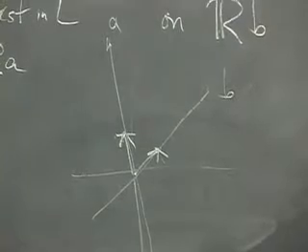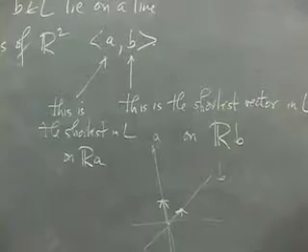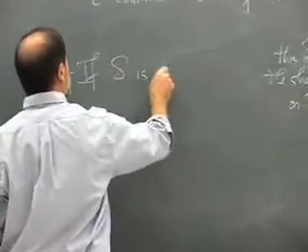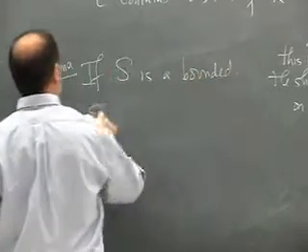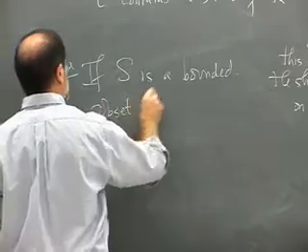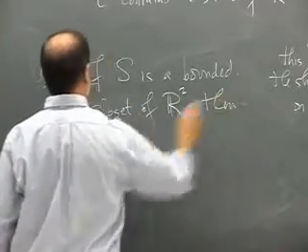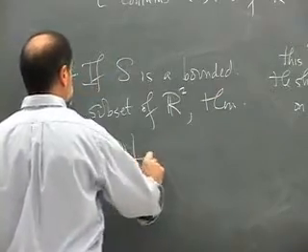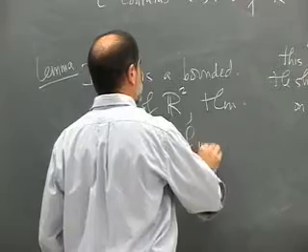All right, now before I go any further, I want to prove a little lemma that says if S is a bounded subset of R2, then the intersection of S with this subgroup L is finite.